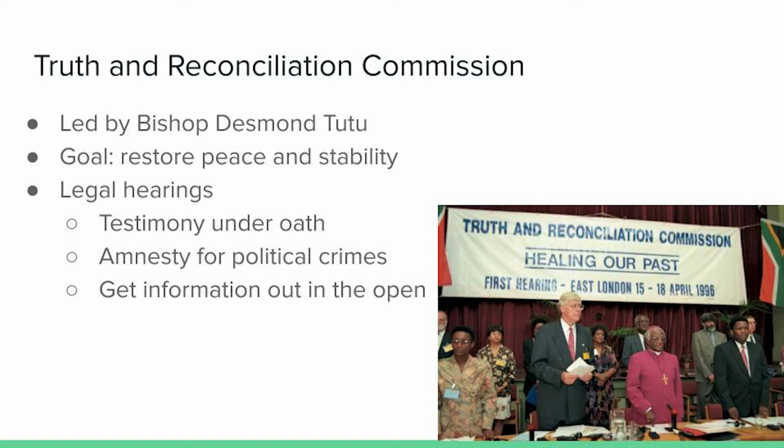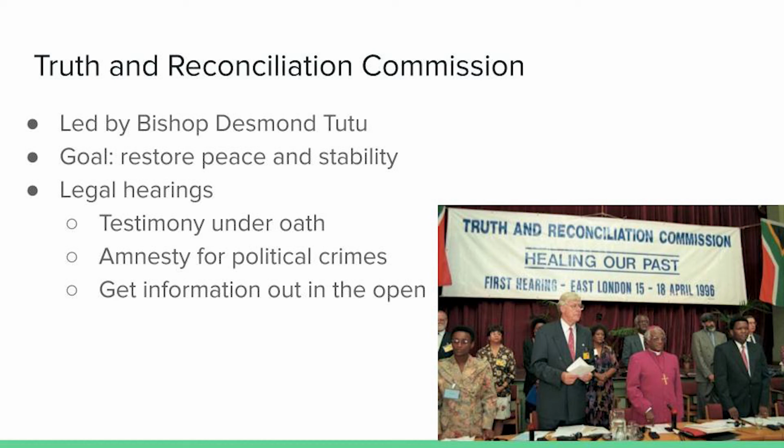And it consisted of a series of legal hearings, so like court proceedings, where members of the apartheid government, including law enforcement, politicians, business owners, etc., gave testimony under oath about their crimes and abuses under the apartheid system. So people told their stories.